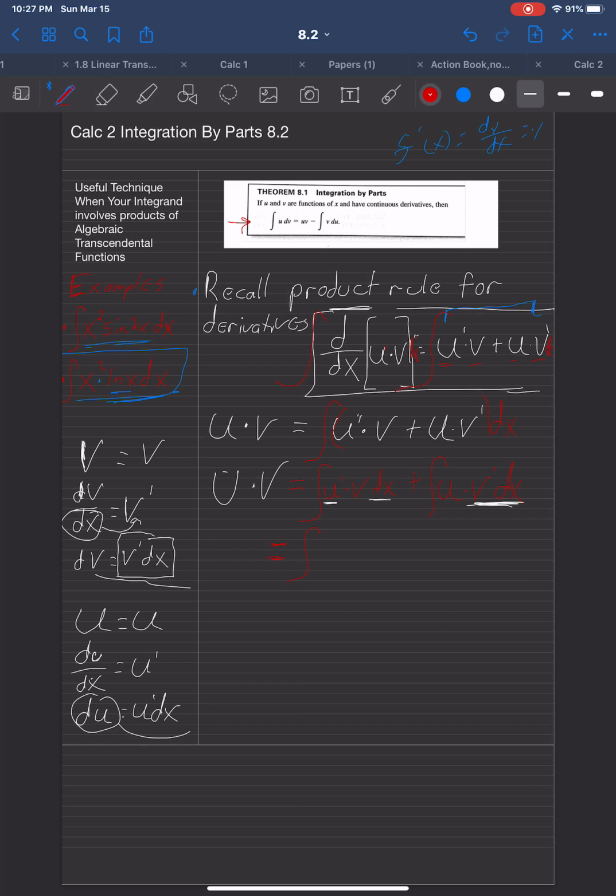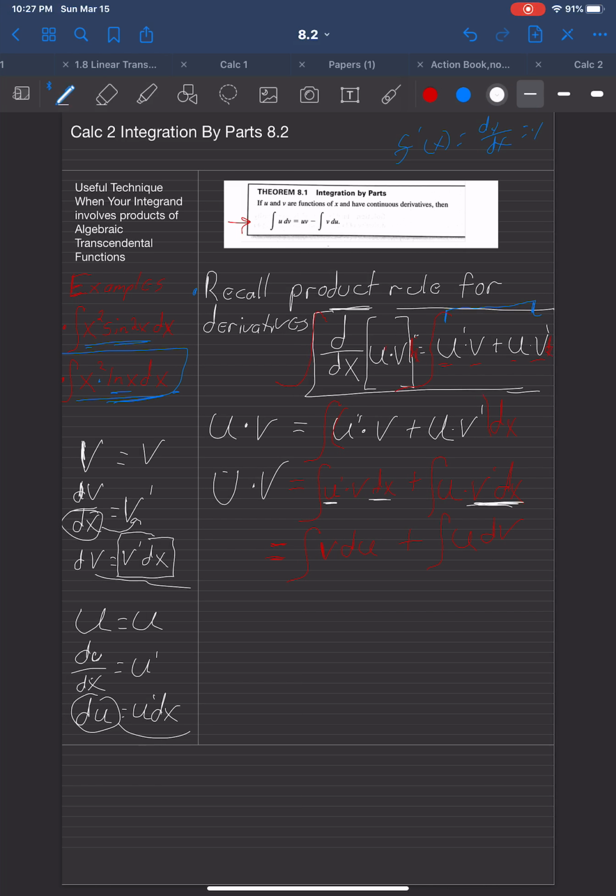All right, so u prime dx becomes du, so now we have v du plus, okay, we're going to integrate here, and I still have a u left in here, and that v prime dx is going to become a dv.